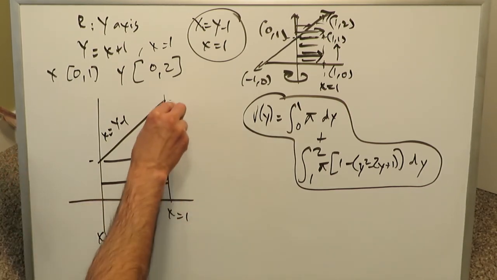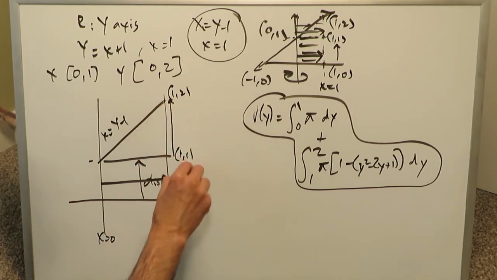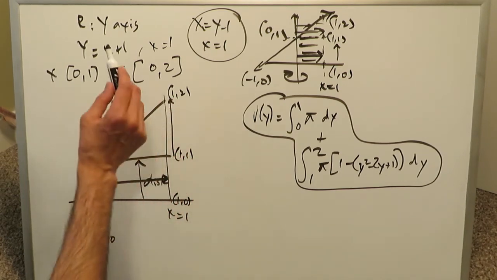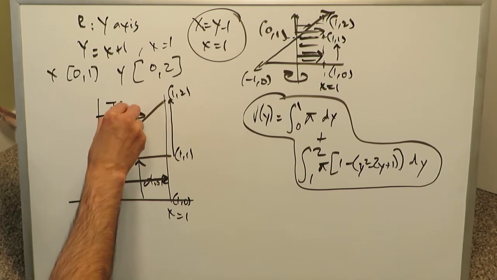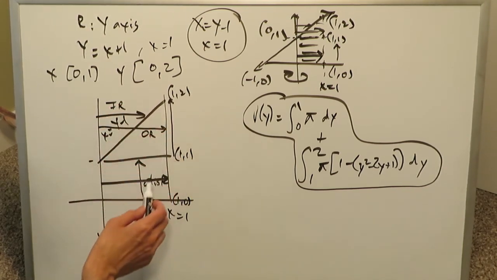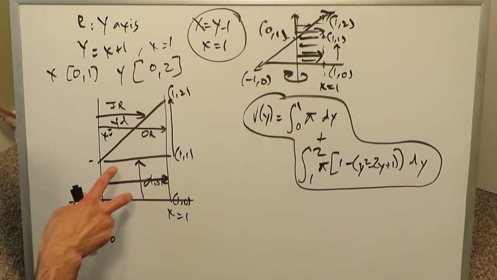From right here up to this point right here, which is 1 comma 2, here's my 1 comma 1, here's my 1 comma 0. From here to here, we're seeing a washer come into play. We'll have an inner radius, we'll have an outer radius, which will lead to our inner area and outer area, and that's why we have broken things up into two integrals. And this right here represents the complexity, the mixed disk and washer technique.